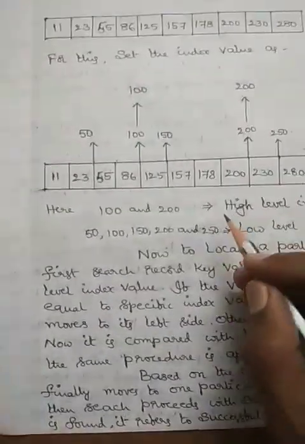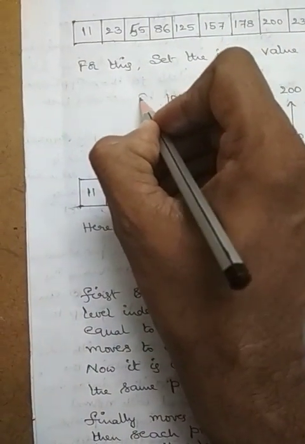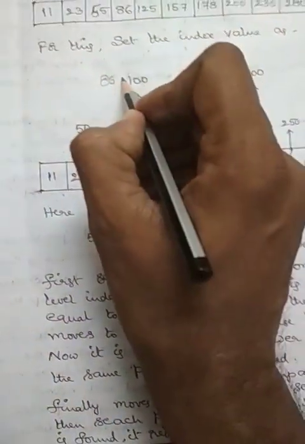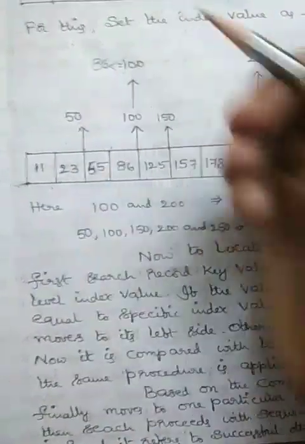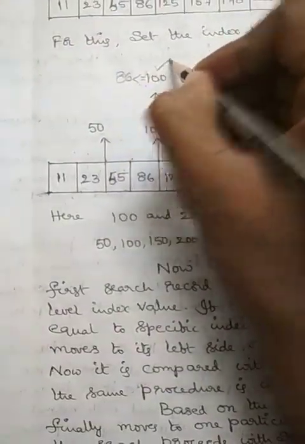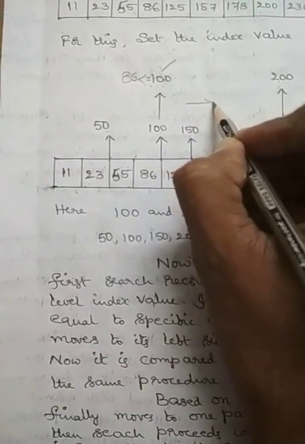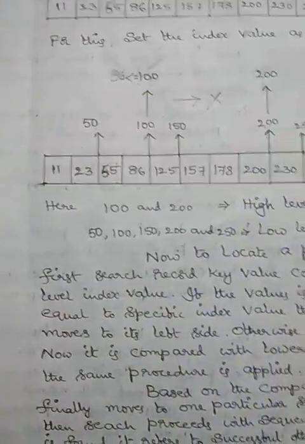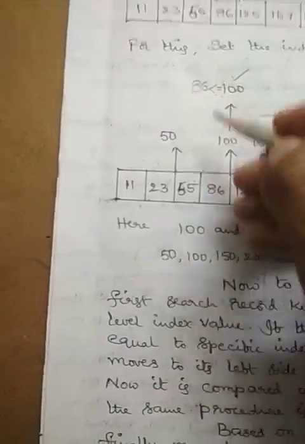Let us assume that I want to find the location where 80 is present. First we apply the search operation with the higher level index. Is 80 less than or equal to 100? Here the condition is true. So the rest of this particular group is ignored. Now moving on to the second level or lower level index.